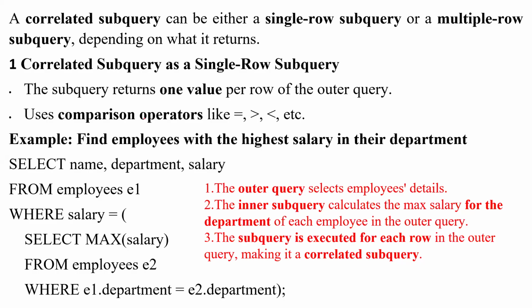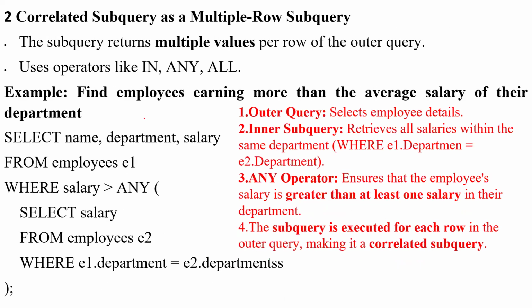That is what a correlated subquery is. A correlated subquery can be applied in a single row when you are using operators like equal to, greater than, lesser than. If you are using those operators, it results in a single row correlated subquery. And if you are using operators like IN, ANY, ALL, EXISTS, then it will result in a multiple row subquery.